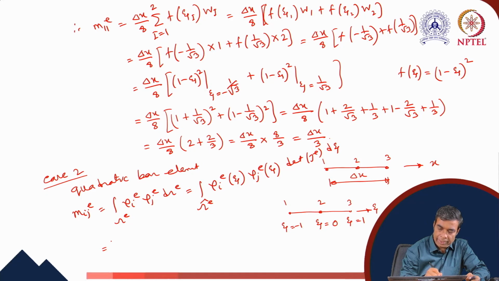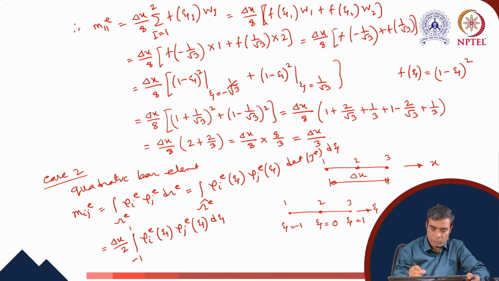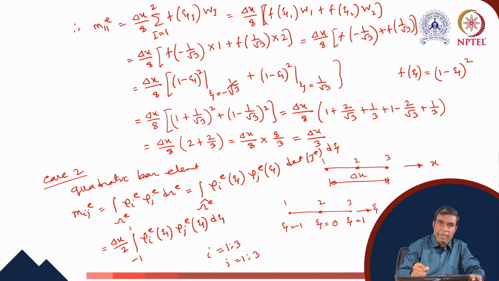So we can simply write determinant of J equals half the mesh size equals delta x by 2, integration minus 1 to 1 psi_i^e(xi) psi_j^e(xi) d xi. So now we make the calculations where i equals 1 to 3 and j is also varying from 1 to 3.